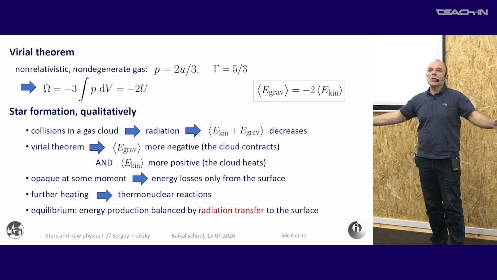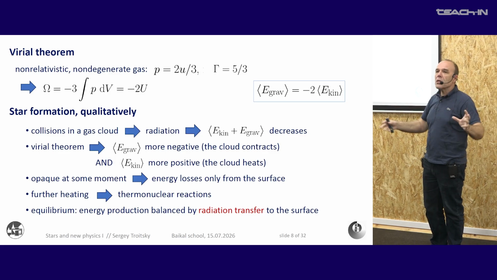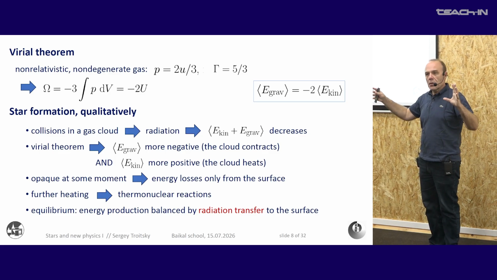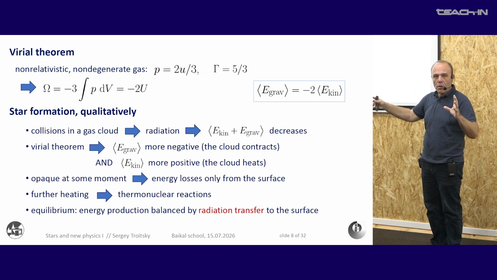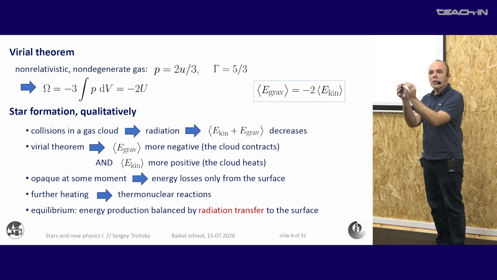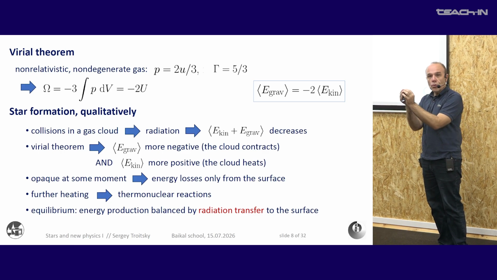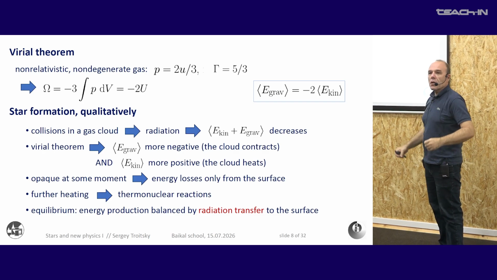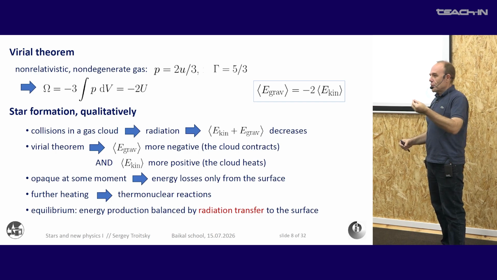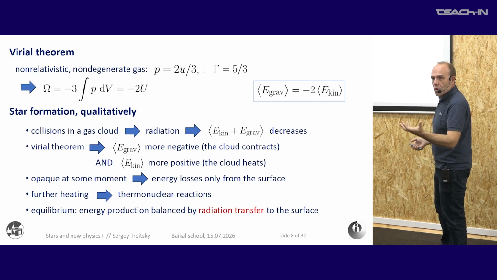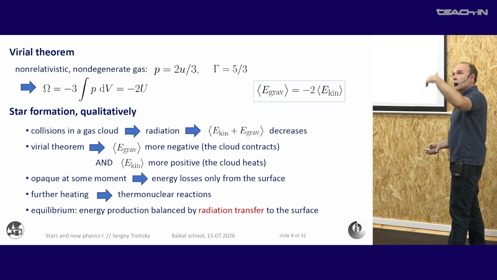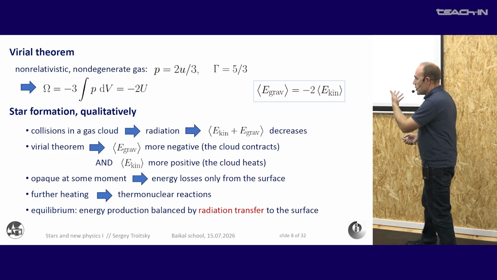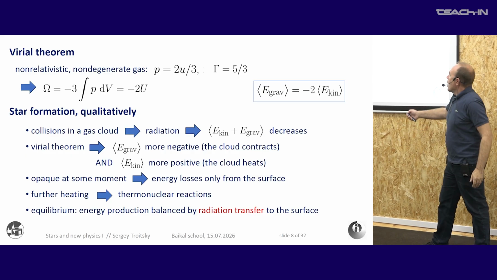Everybody knows that we start with gas clouds, and somehow they condense and produce these rather compact and very hot and shiny objects, which we call stars in the astronomical sense, not in the mathematical sense.